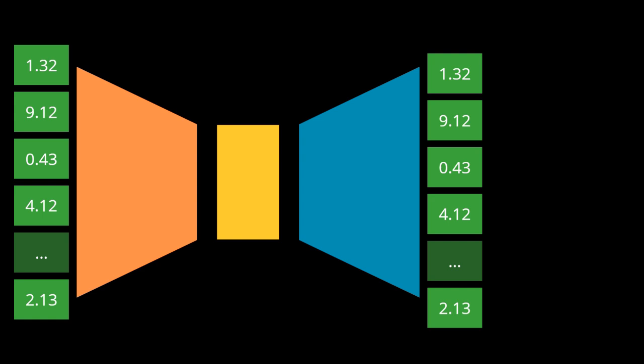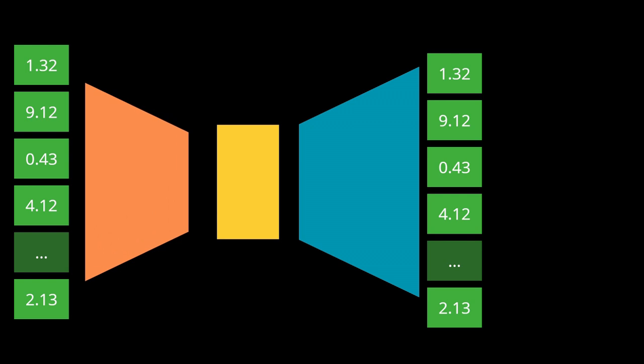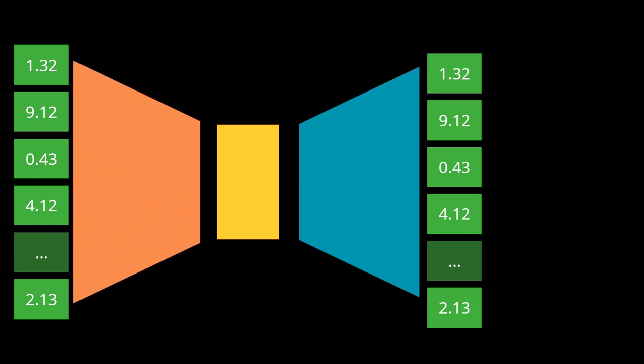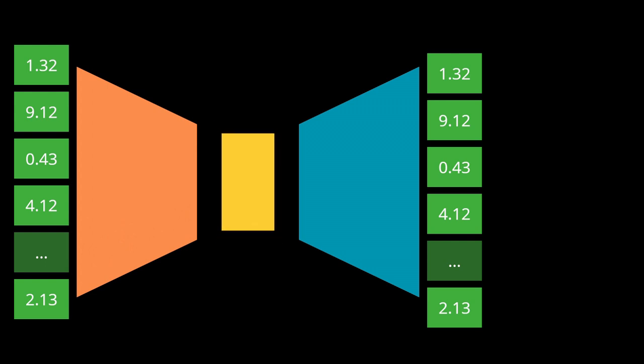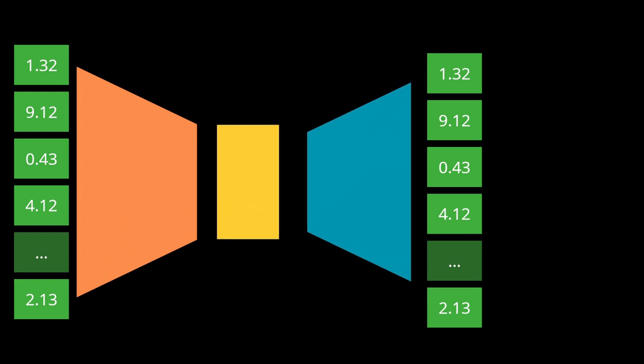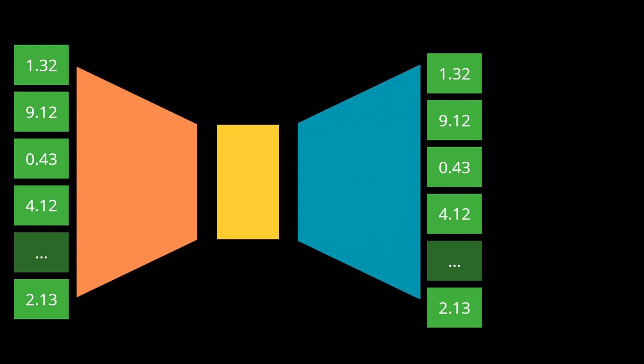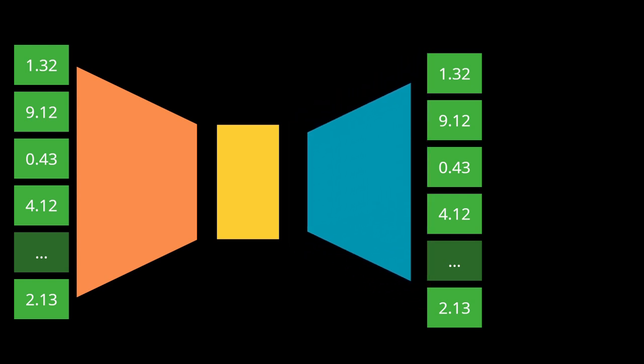A variational autoencoder has 3 parts. An encoder that takes an input and compresses it in some way, the compressed representation, and the decoder, which takes the compressed thing and transforms it back into something close to the input.